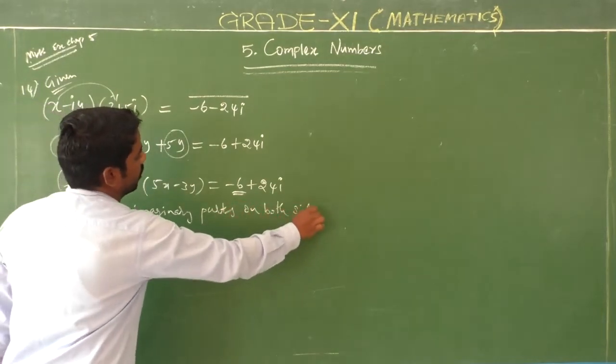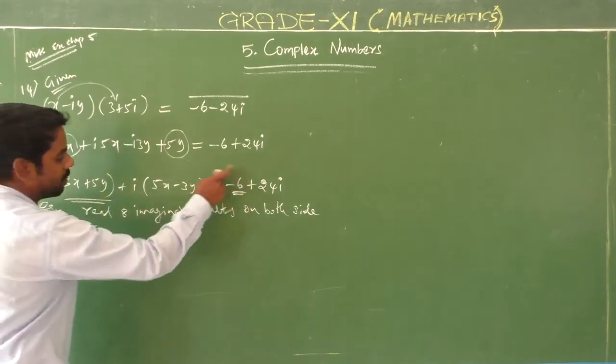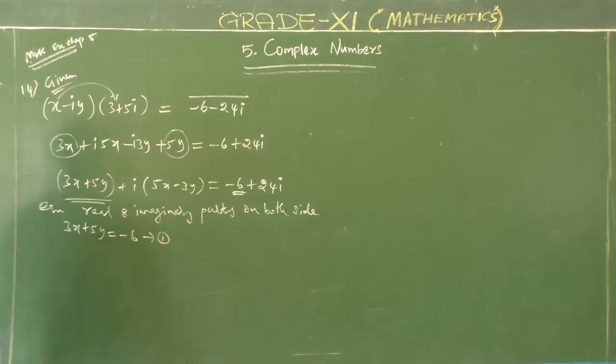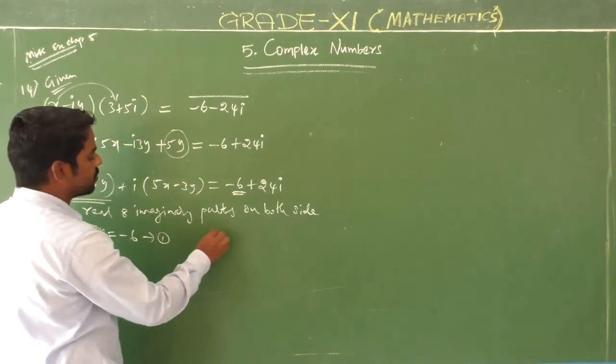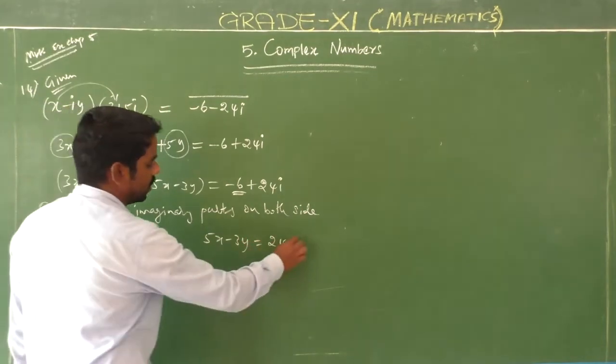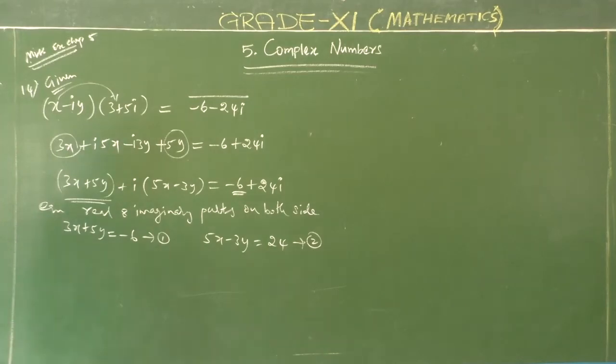The left side real part is 3x plus 5y and the right hand side real part is minus 6, so 3x plus 5y is equal to minus 6. Equation number 1. The imaginary part is 5x minus 3y equal to 24. This is equation number 2. Solve equations 1 and 2 to get x and y.